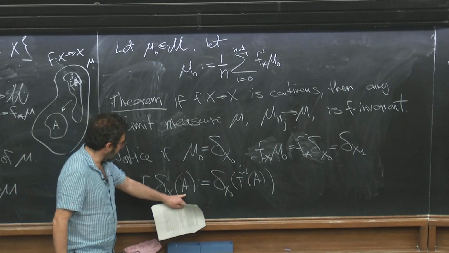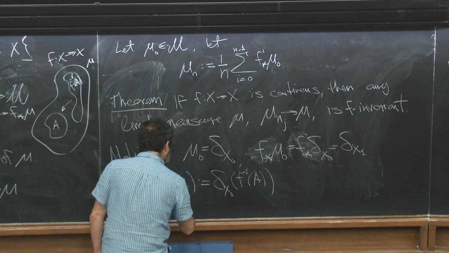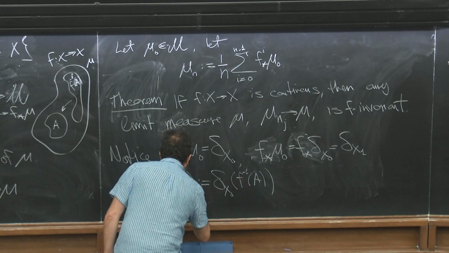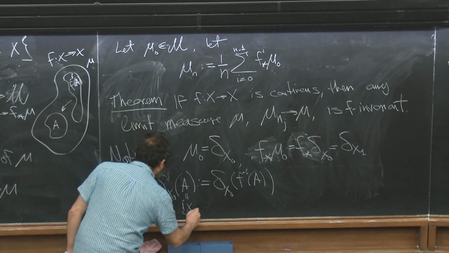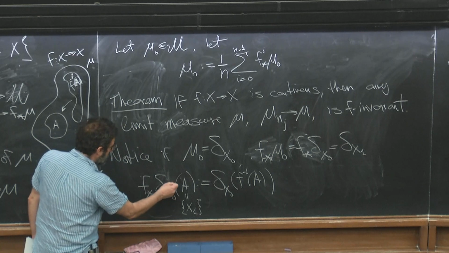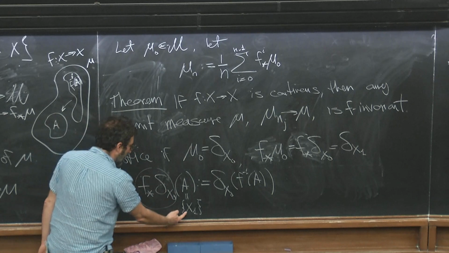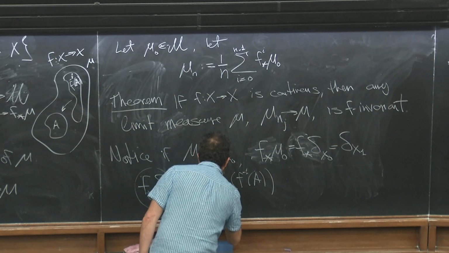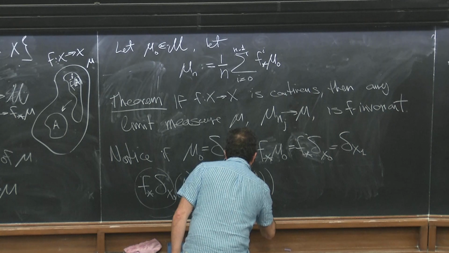So if we take as our set A the point x1, which is the image of x0, we're taking this measure here, and we are measuring just a single point x1, then this by definition is equal to delta x0 of the pre-image of this set.